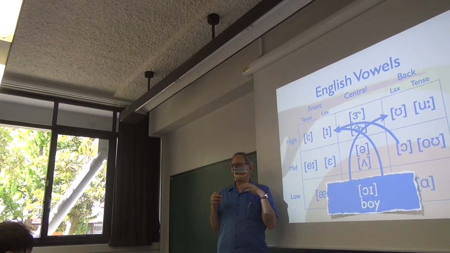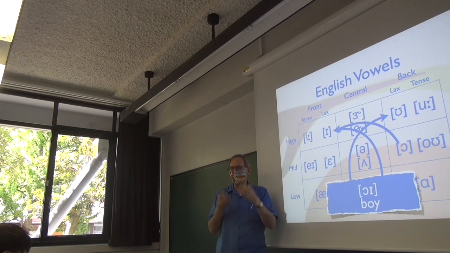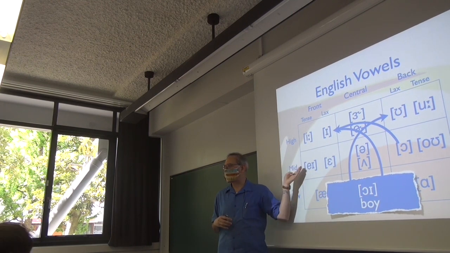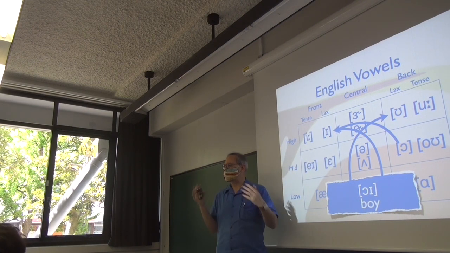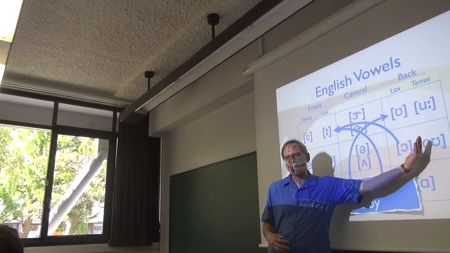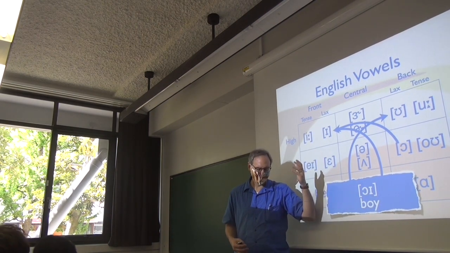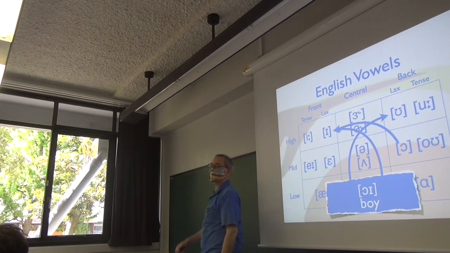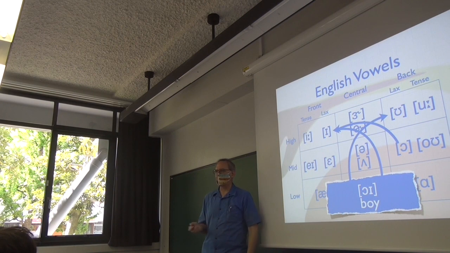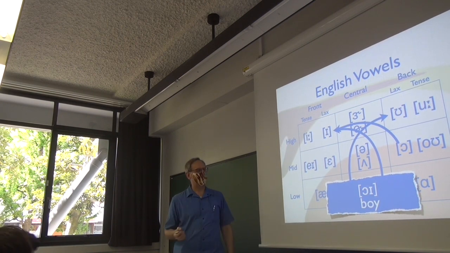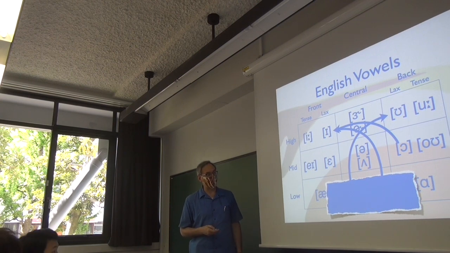They're considered diphthongized or diphthong-like or fake diphthongs because they involve a little bit of movement of the tongue, but it's not a completely different vowel. It's not back to front or low to high. So English has 14 monophthongs and 3 diphthongs for a total of 17 different vowel pronunciations.